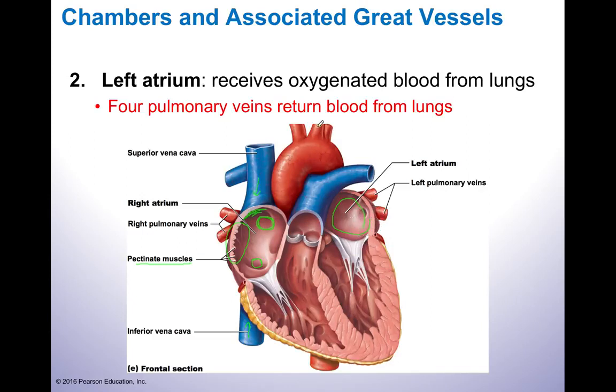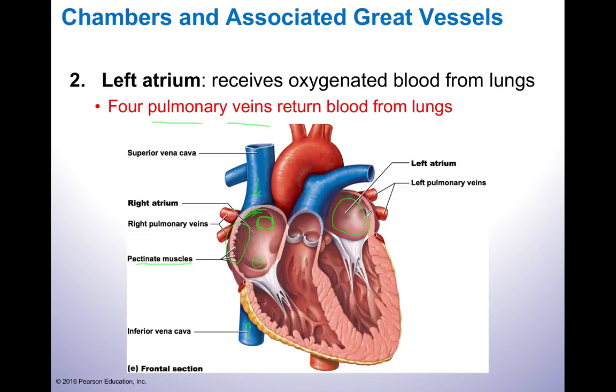Now, on the other hand, we have the left atrium right here. The left atrium receives oxygenated blood from four pulmonary veins, which are the new blood vessels to be discussed. Let's break down this concept. Left means it's going to receive oxygenated blood.